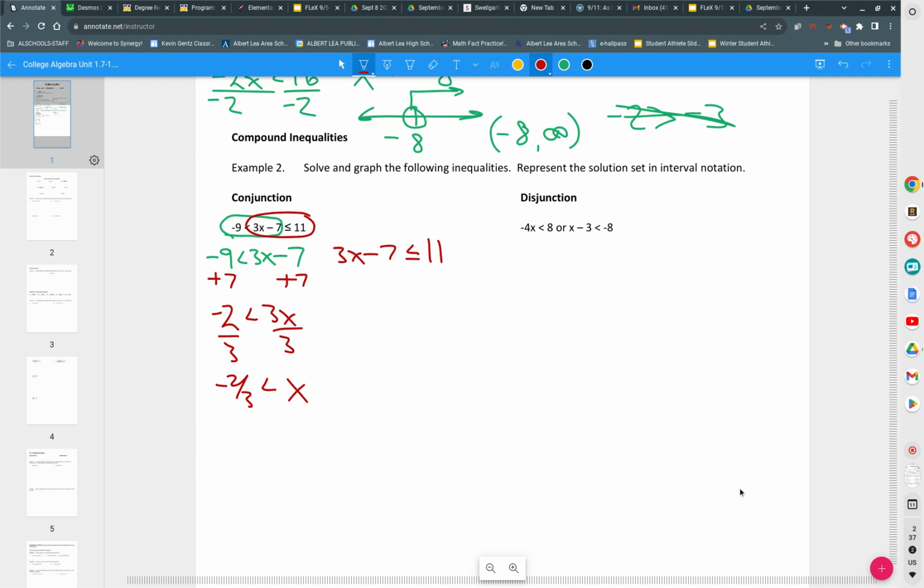Now, there's nothing wrong with struggling from time to time with the inequality sign. But the fact is, this inequality sign here, if you read it from left to right, it reads -2/3 is less than x. Whereas if you read it from right to left, it reads x is greater than -2/3. I like to write it x greater than -2/3.